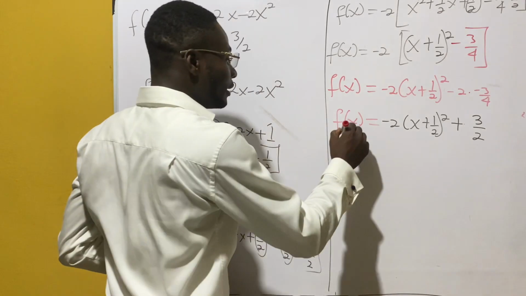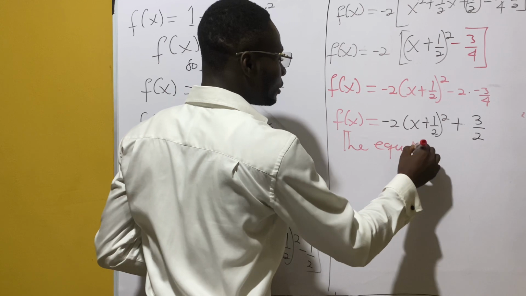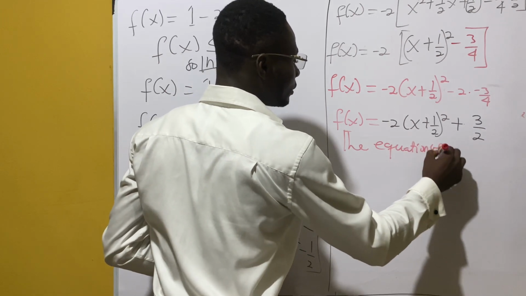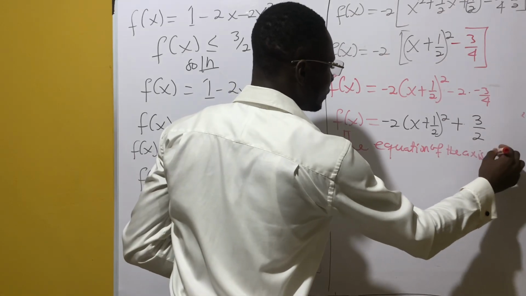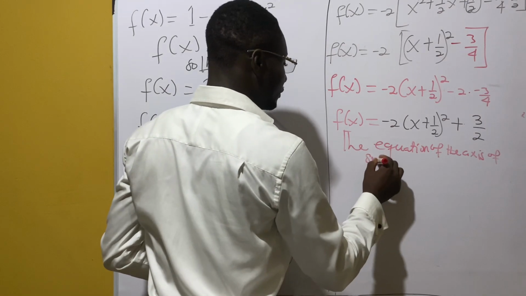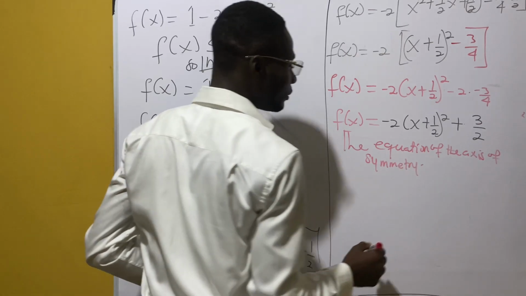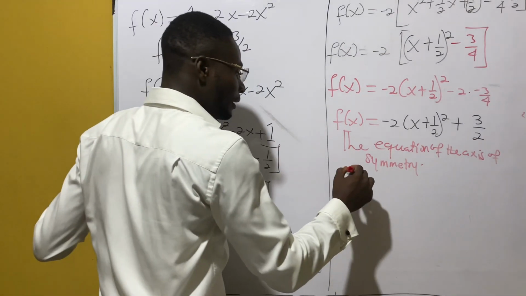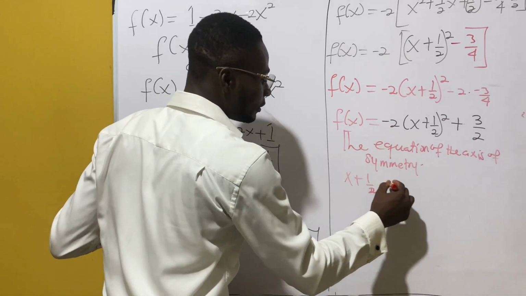So the equation of the axis of symmetry is x plus half equals 0.